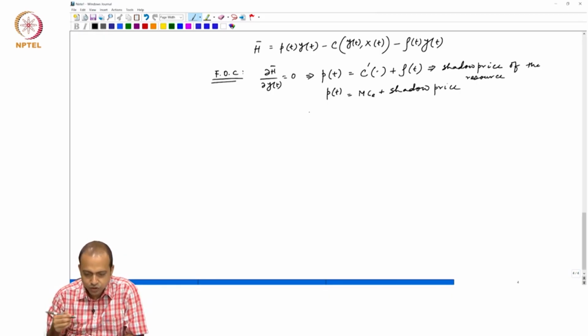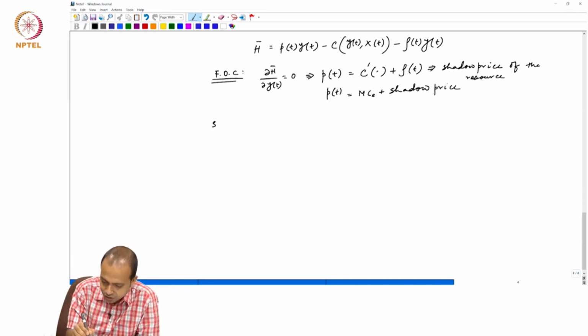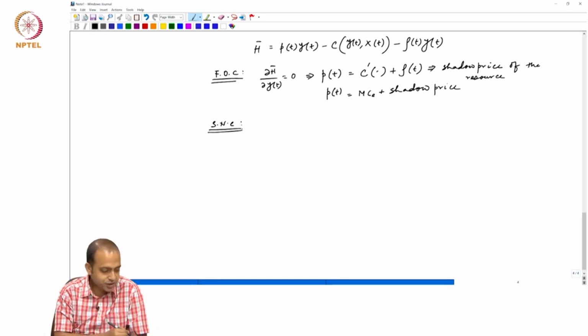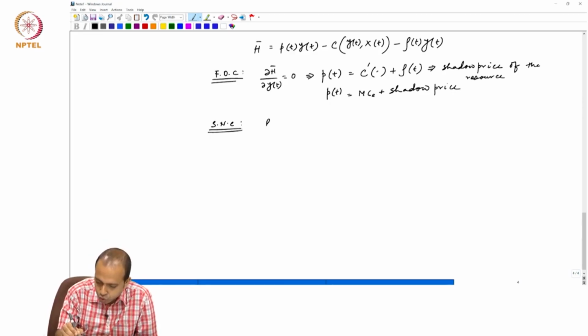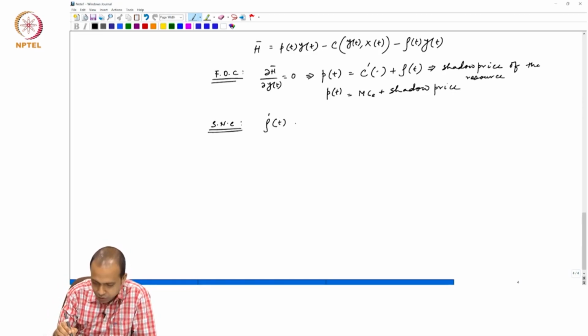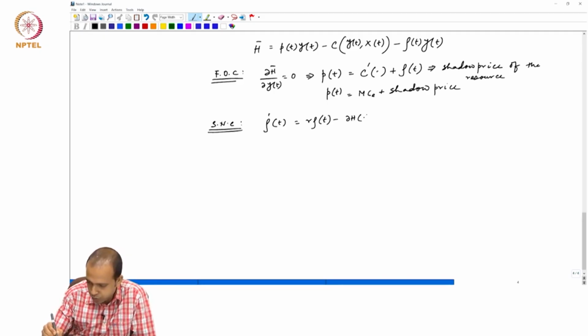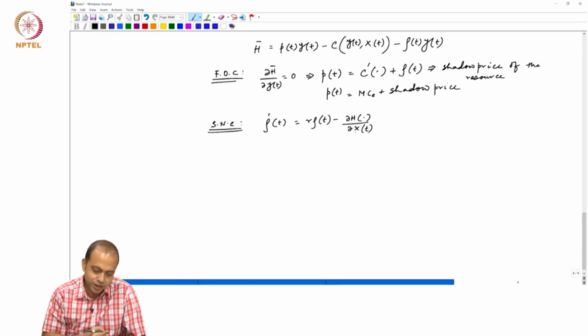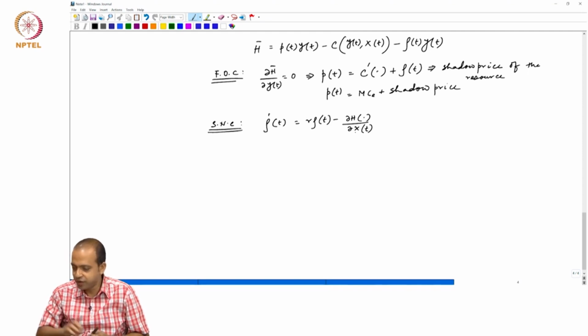Okay. Now, the second order necessary condition is basically what we have derived already. What is the second order necessary condition? Rho dot t equals R into rho t minus del H dot del xt, which we have derived earlier.